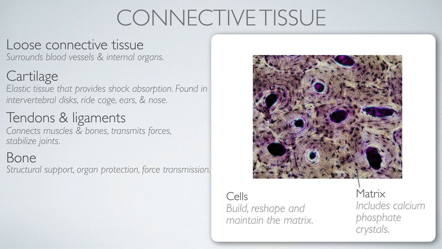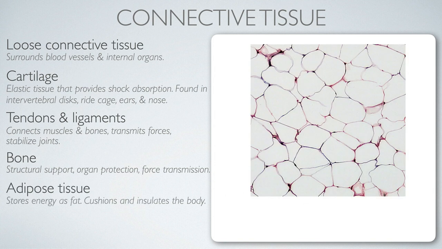Another key physiological connective tissue is fat, adipose tissue, which stores energy as fat. We also have fat that cushions and insulates the body. Most of what we see here looks like open space, but these are actually lipid globules that are inside of the cells.